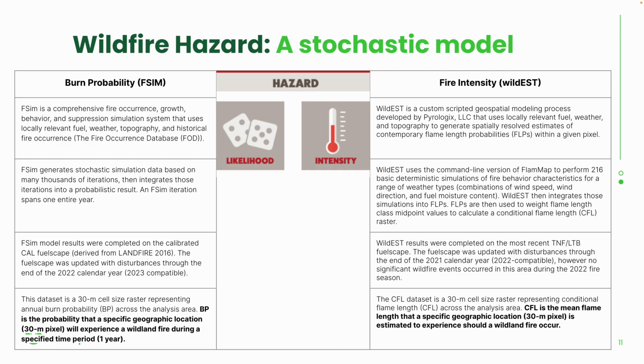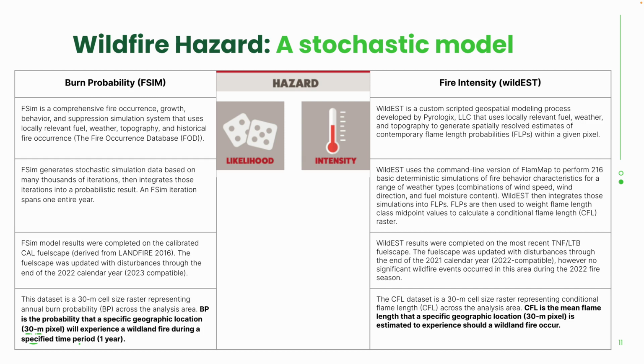It sure is. I do want to mention too that all the burn probabilities are based on fuelscapes, a snapshot of the burnable fuels in the area. And this was based on the industry standard LANDFIRE fuelscape that was additionally calibrated specifically for the Truckee area.